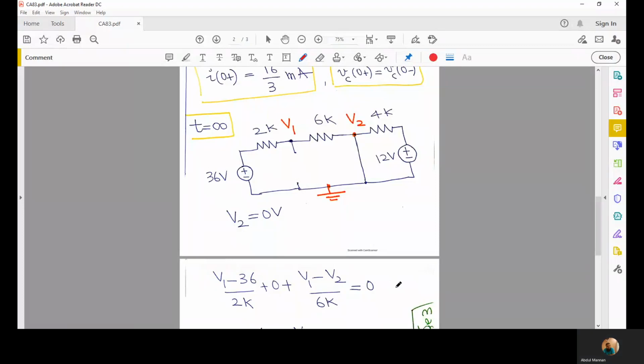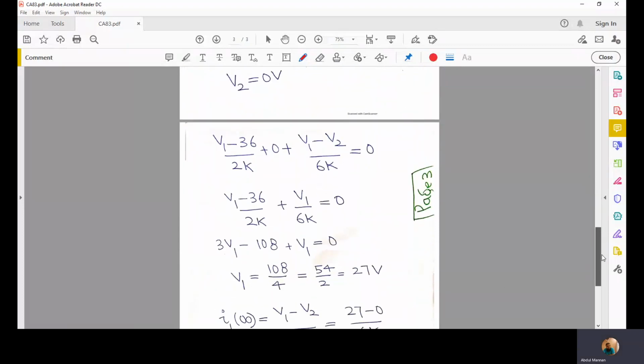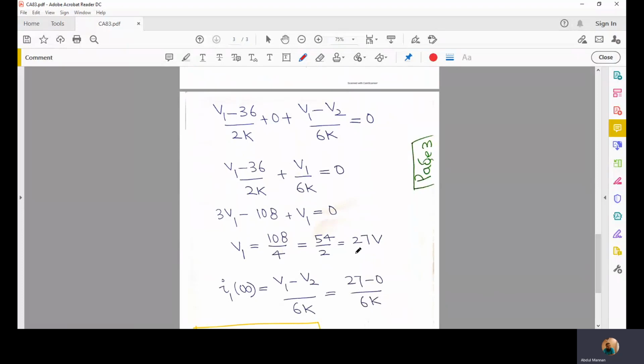Solving this gives us V1 equal to 27 volts.